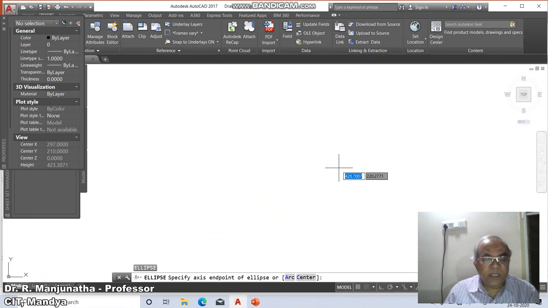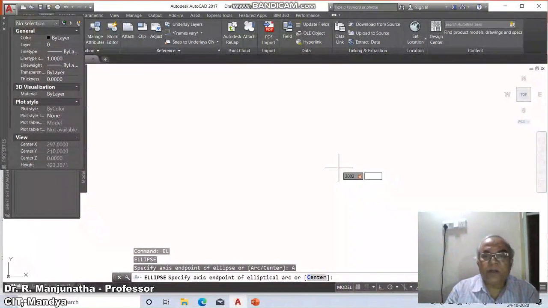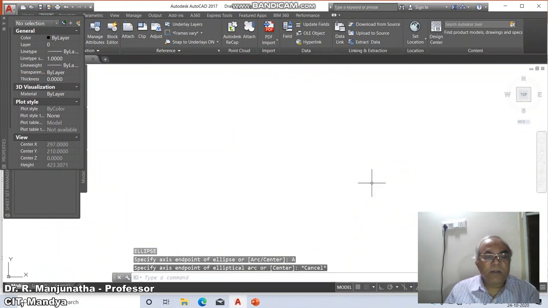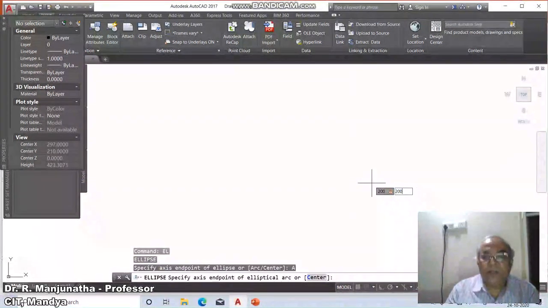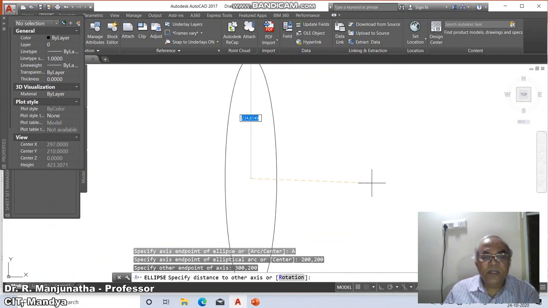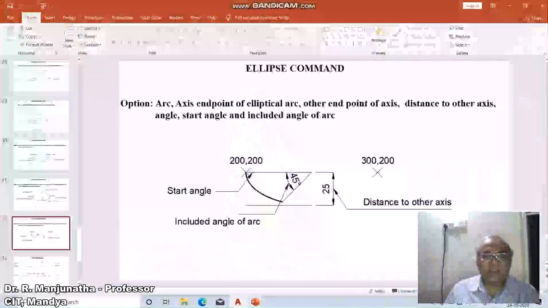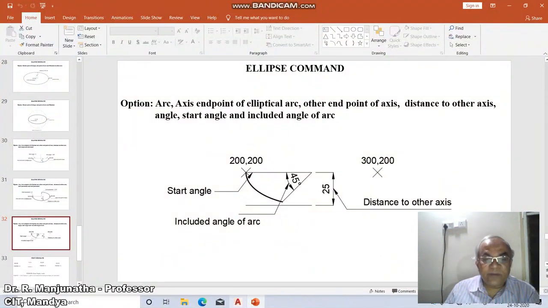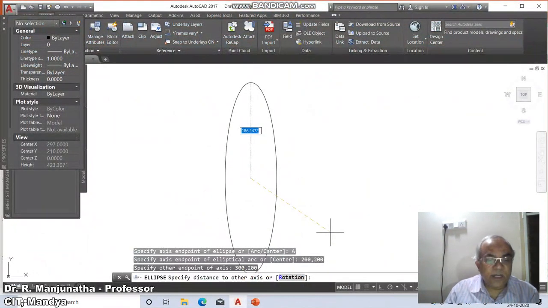We will consider arc, specify axis endpoint of arc, 200,200. Then specify other endpoint of the axis, 300,200. Then the distance to other axis is 25.